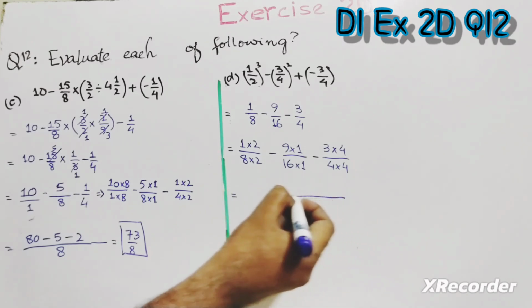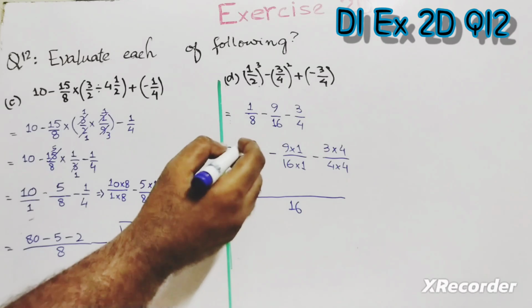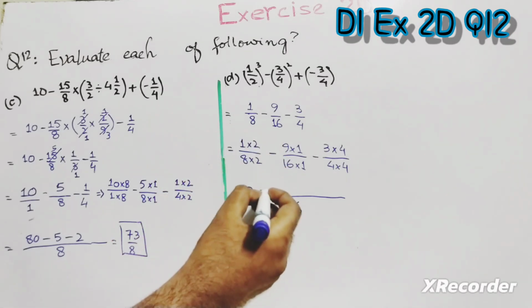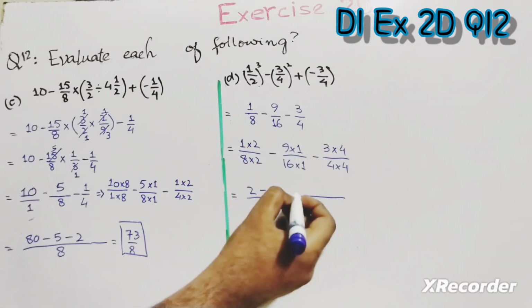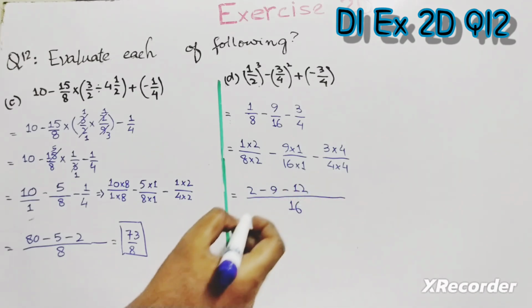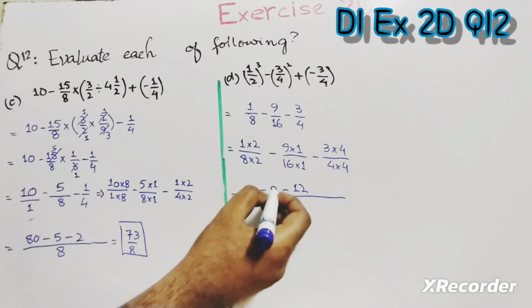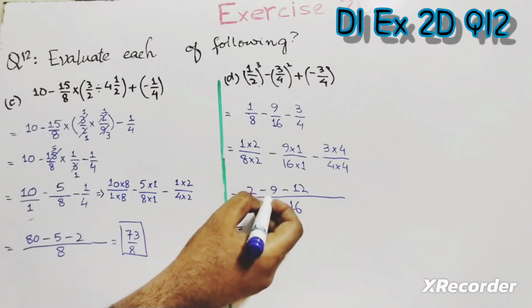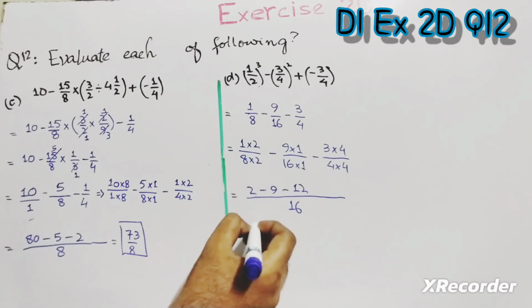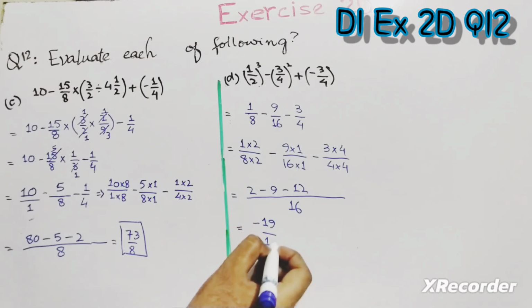What we get in common denominator is 16. 2 times 1 is 2, less 9 times 1 is 9, less 3 times 4 is 12. So what we get is 2 less 9 is minus 7, minus 7 minus 12 is minus 19 upon 16.